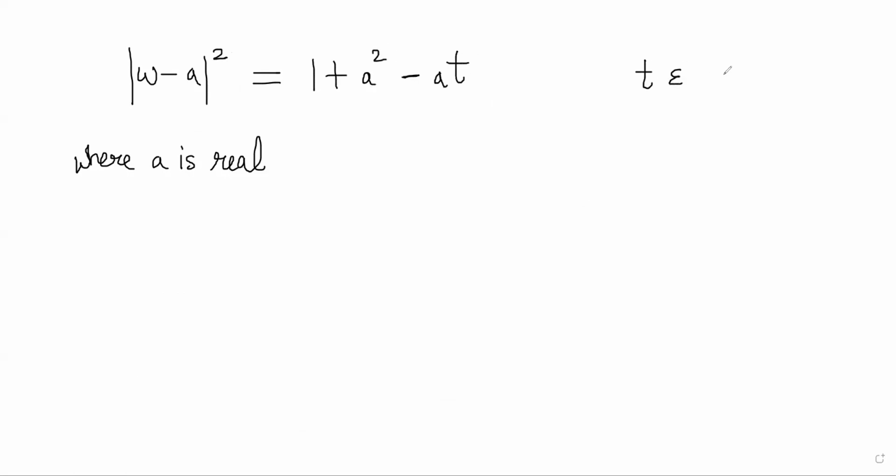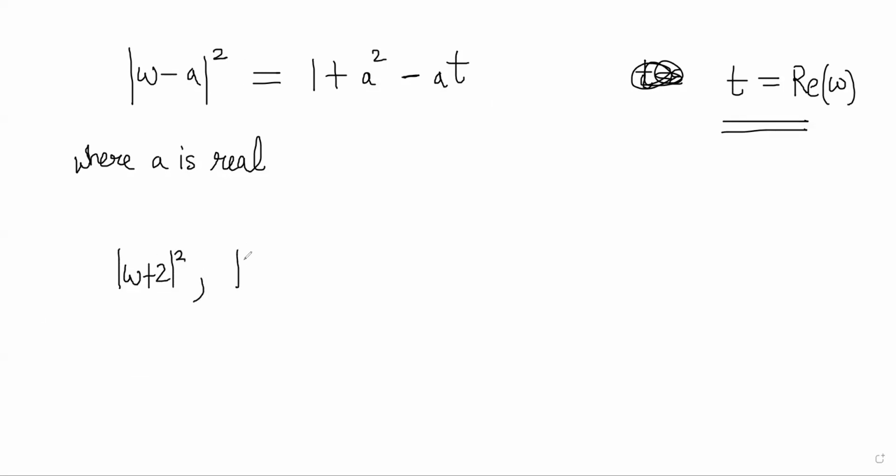Here t is equal to, what was t? t was the real part of w. And we took advantage of that identity to calculate our mod of w plus 2 whole square and mod of w minus 3 whole square. And finally, when we got a product, we did AM-GM, right? So a nice tricky way to solve the problem. Let's look at the next one.